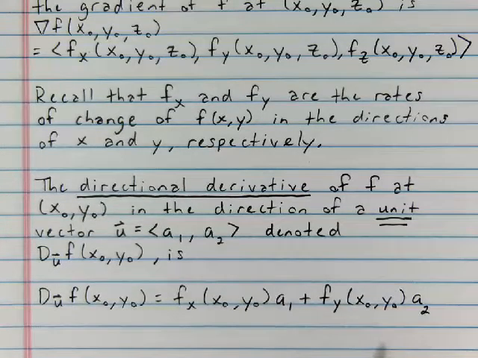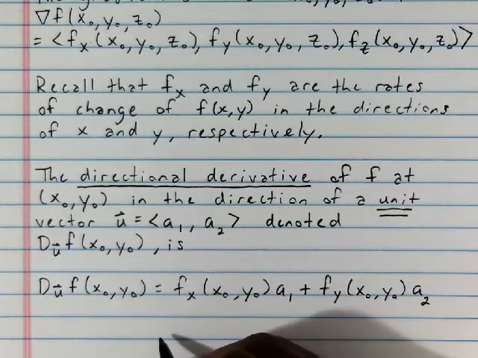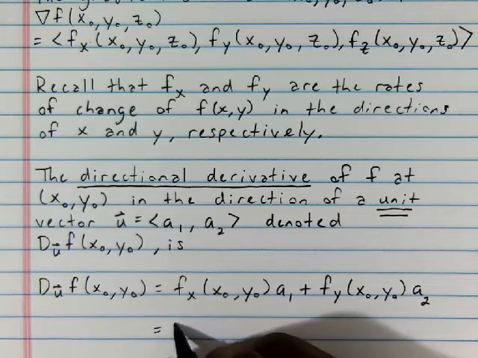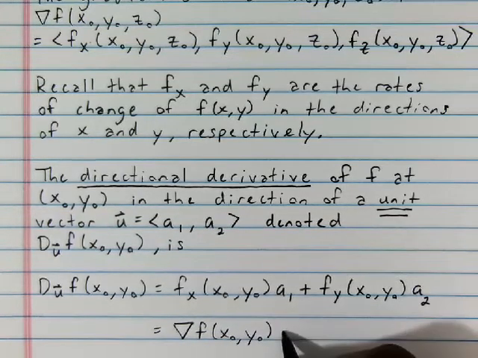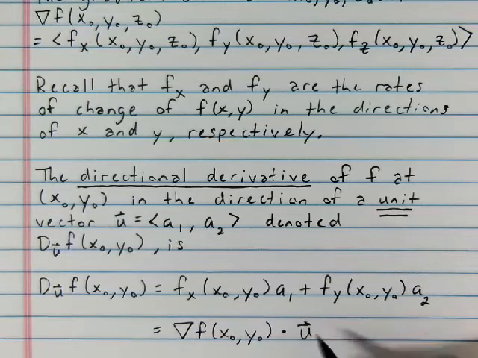Now this can be rewritten as the gradient vector of f at x naught, y naught dotted with the unit vector u.